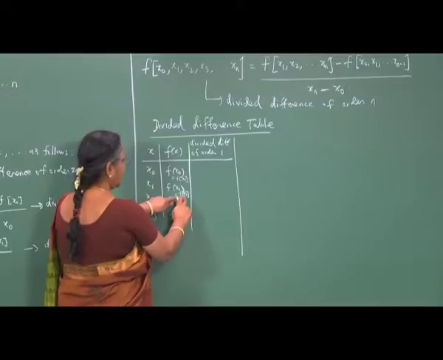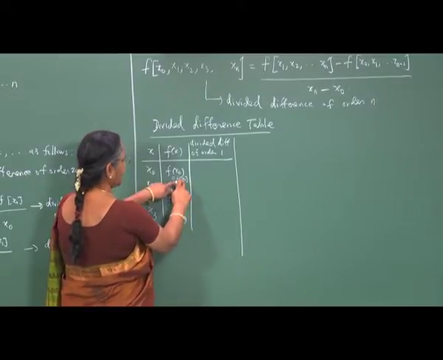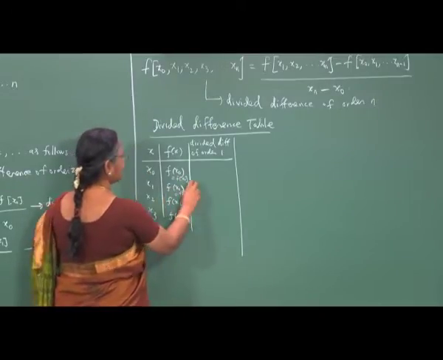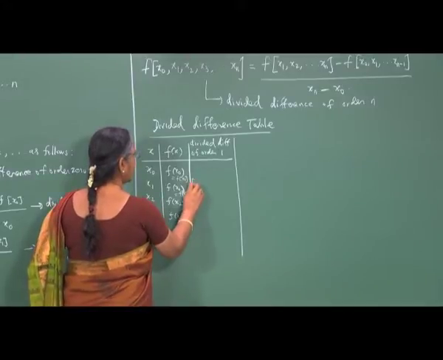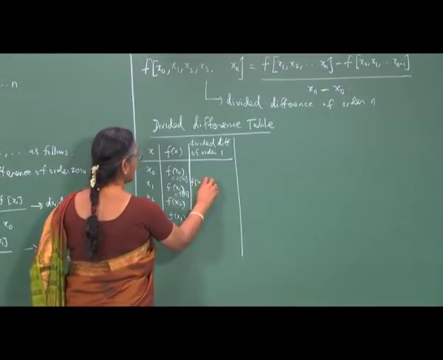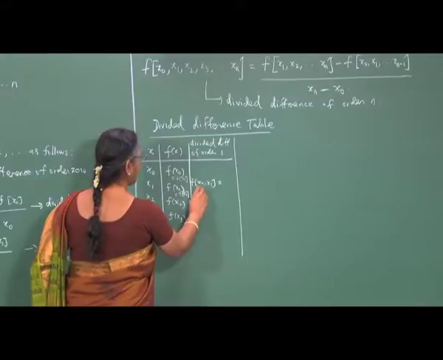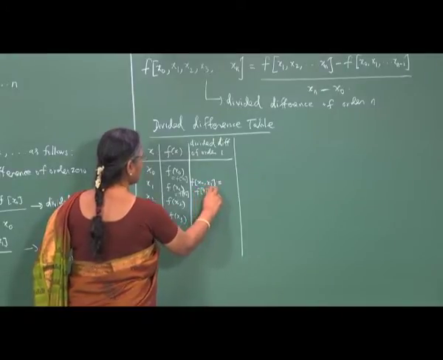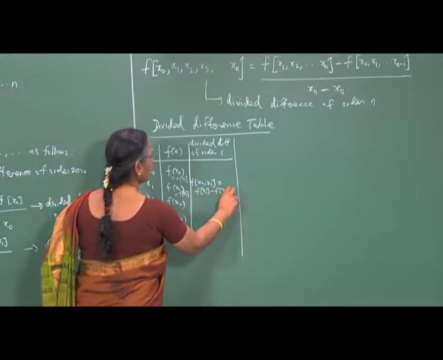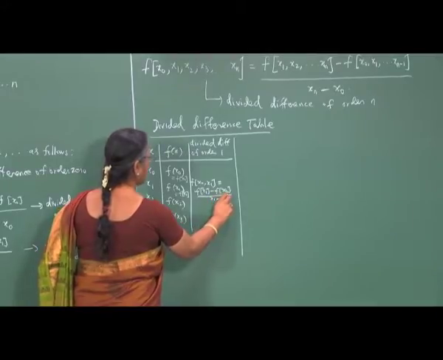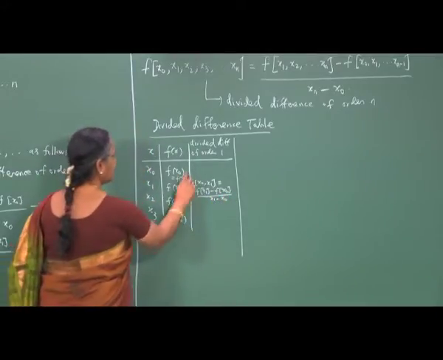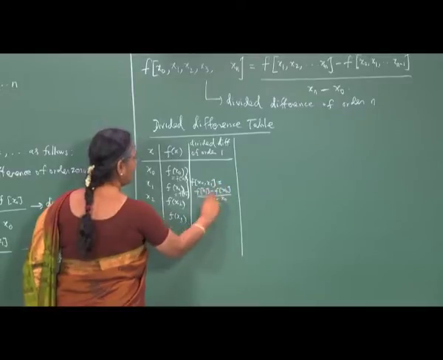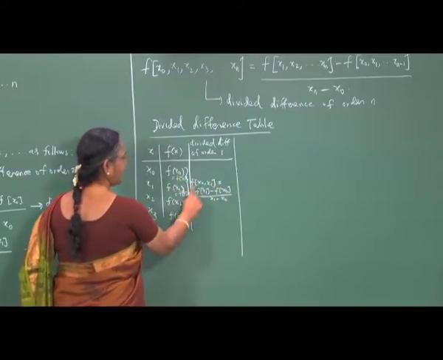So, I require the entries in divided difference of order 1. I know it is f of x1 minus f of x naught by x1 minus x naught, and the notation is f of x naught x1. So, I write this entry between these two entries.